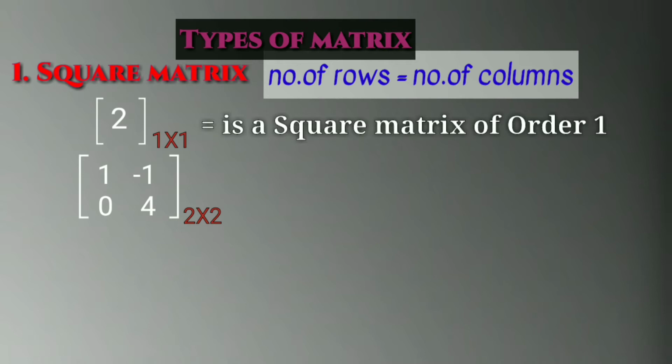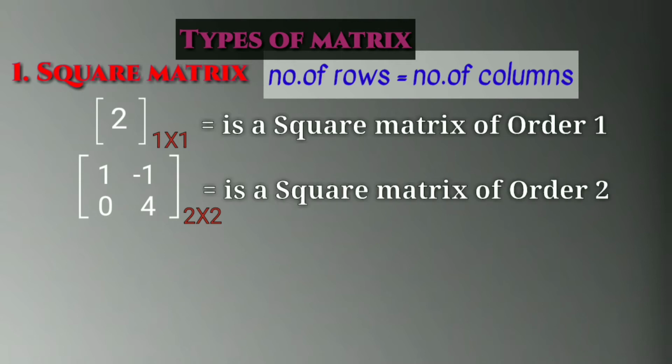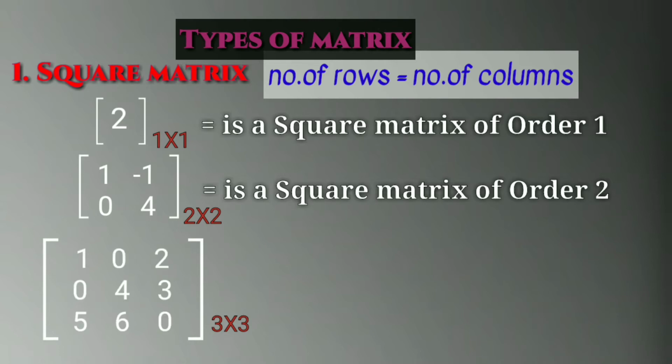The number of rows is equal to the number of columns, so n by n. It is a square matrix of order 2. Now take 3 cross 3, which has 9 numbers: 1, 0, 2, 0, 4, 3 and 5, 6, 0.